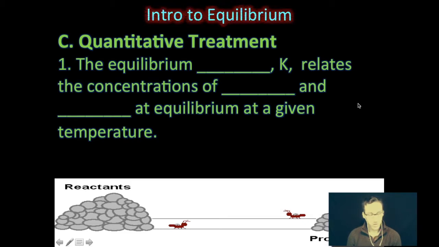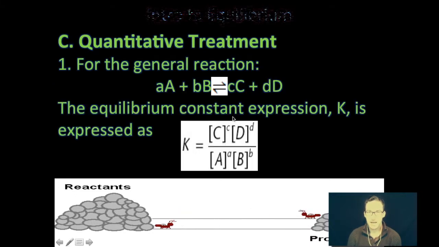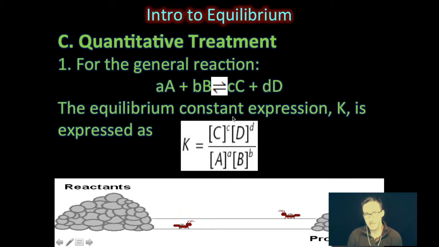Okay, now let's talk a little bit about the nitty-gritty, how we are going to quantitatively discuss equilibrium. We're going to use what's called the equilibrium constant K, which just relates to us the concentrations of reactants and products when the reaction has reached equilibrium at a given temperature. And as you take a look, the equilibrium constant expression K for that general reaction is expressed there.